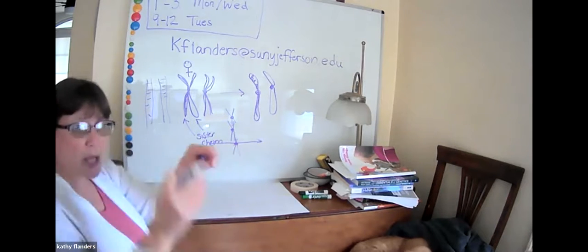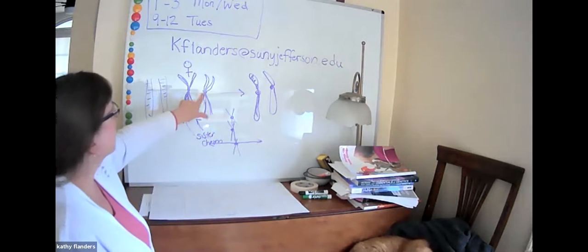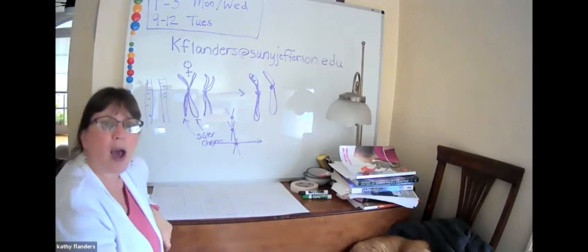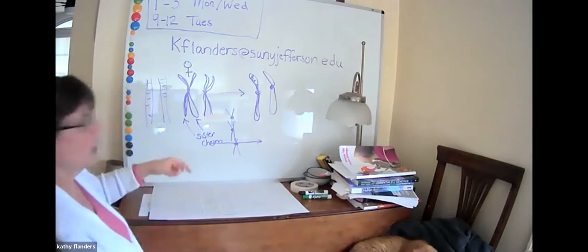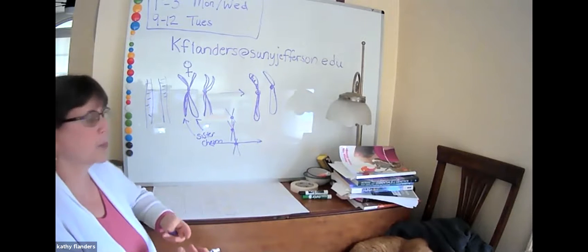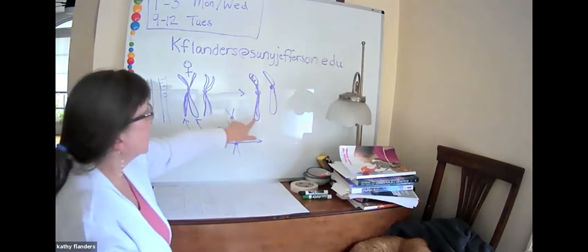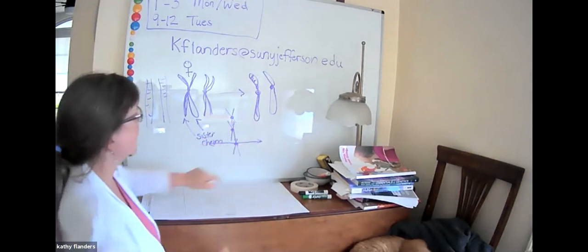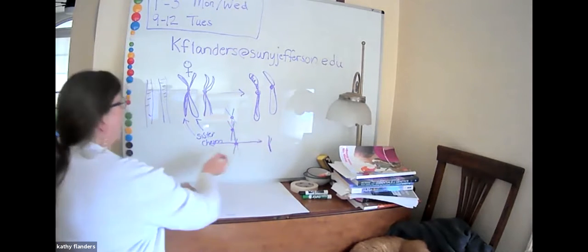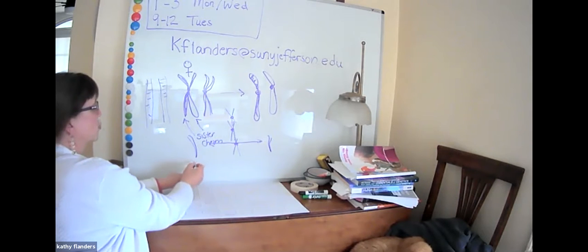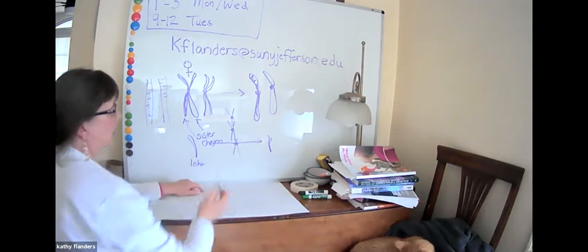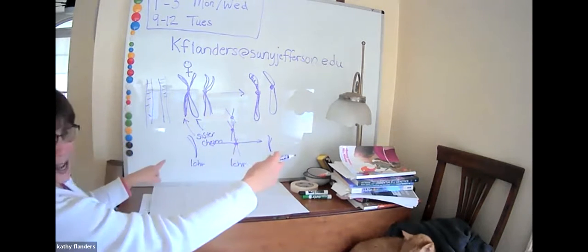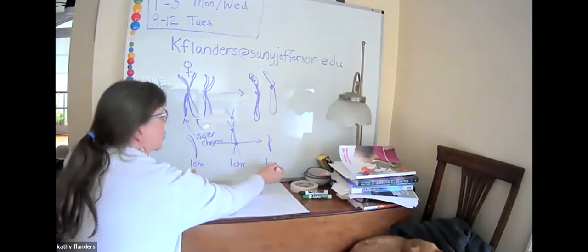Once that separation occurs, now you have all new chromosomes again. I shouldn't say all new chromosomes, they're the same chromosome, but now remember, this is what we call a chromosome. This is separating, so we only have half of it in one cell, and we have half in the other cell. This is one chromosome again, right? So we went from one chromosome, we divided it, and we now have one chromosome in each cell.